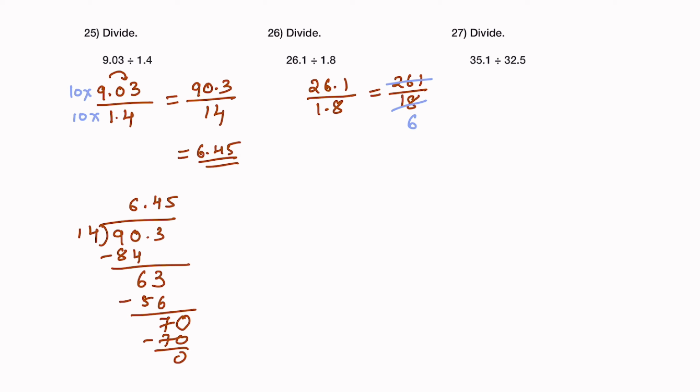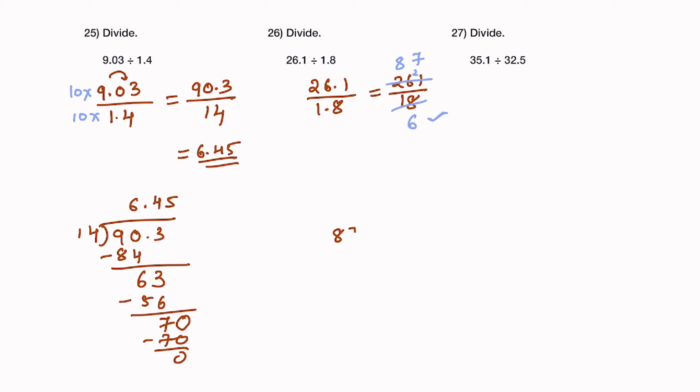So 18 divided by 3 is 6, then 261. In 2 it does not go, so we take 26. 26 divided by 3 is 8, with 2 as the remainder, so that it goes to the next one and it becomes 21. So 21 divided by 3 is 7. So now this is a much smaller number, and I have a divisor as 6, which is easy for you to divide, right?